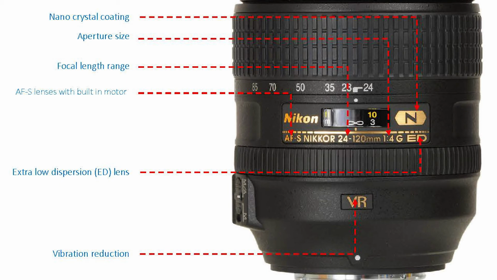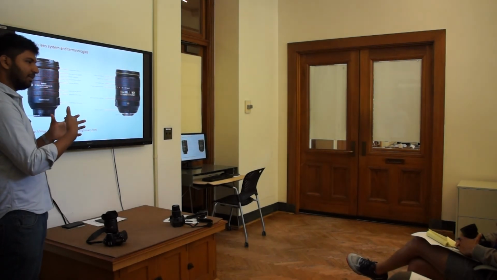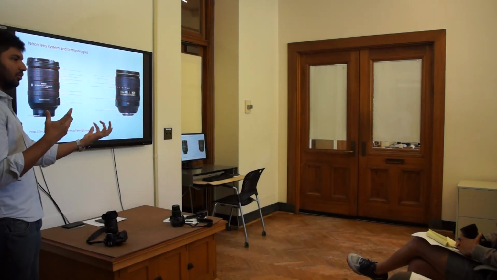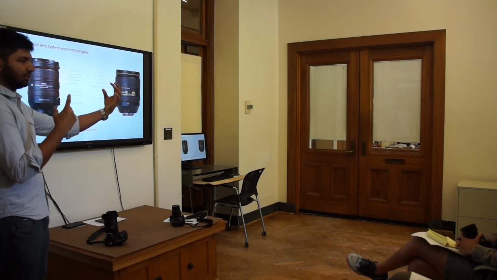Internal focusing system, it's technology used in lenses nowadays, which has lens elements within the lens barrel itself, which moves within the barrel. You would have seen older lenses where the front element, as you focus, it moves.